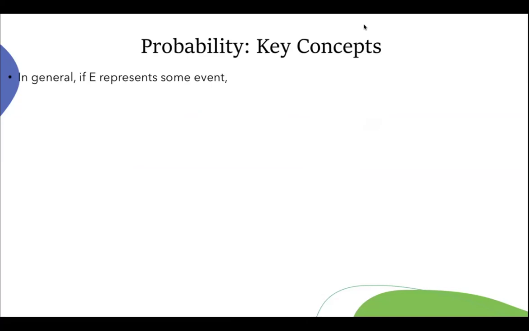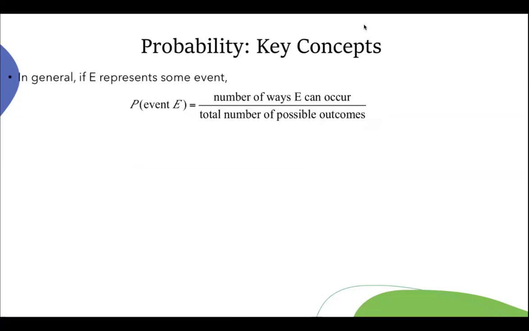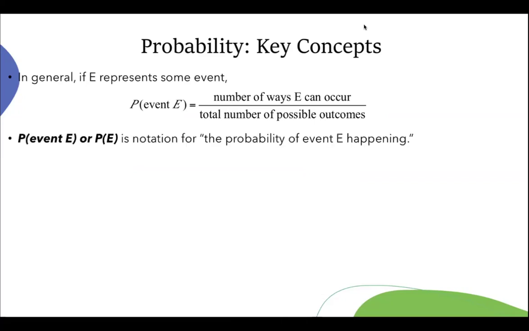So if E represents some event, any event, we can calculate probability with this simple division. We take the number of ways the event can occur, and then we divide by the total number of possible outcomes. So P parentheses E is notation for the probability of event E happening.